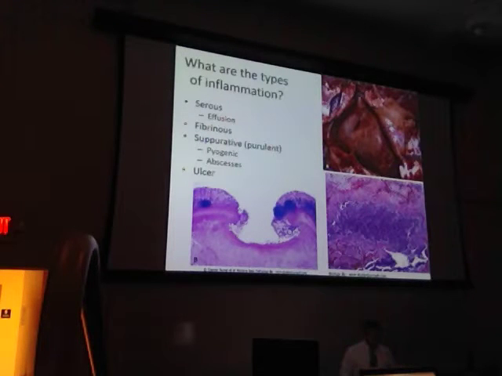On the lower right is a purulent inflammation of the lung. And what you're seeing is an abscess that contains neutrophils and other cellular debris. That's right here. So all of these purple dots are these transmigrated neutrophils. They are the first responders.